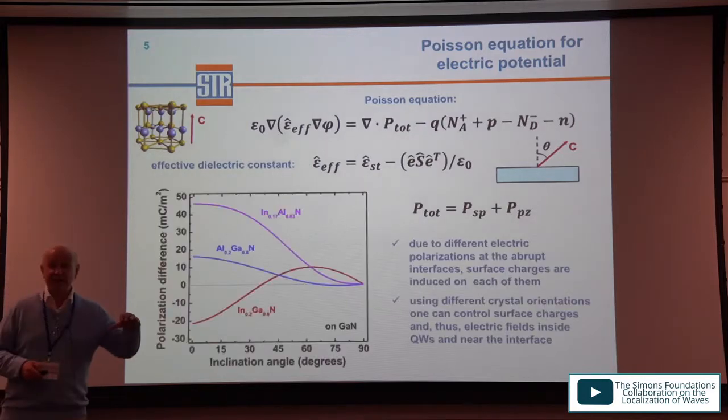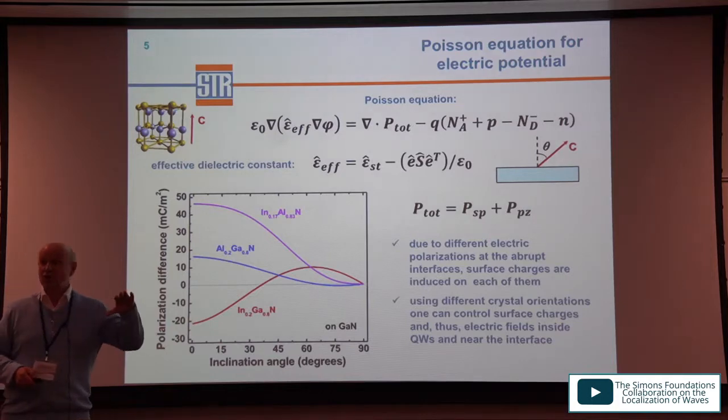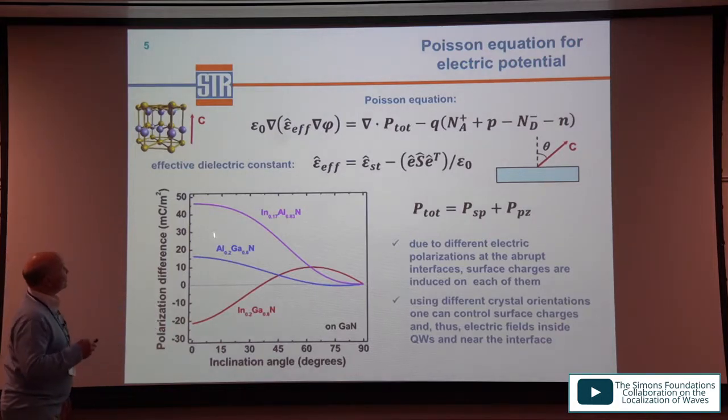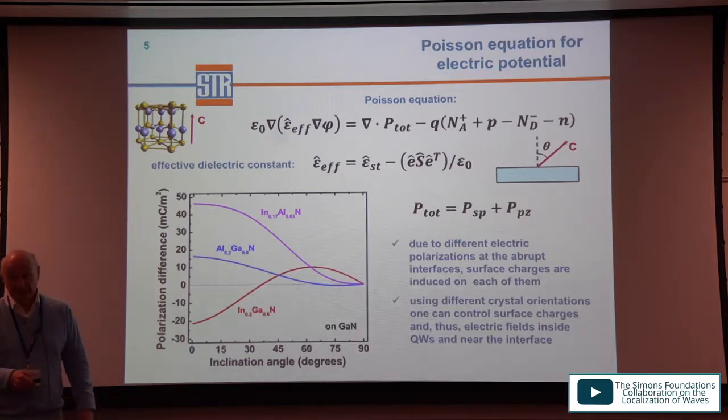So if we consider the uniform layer made of aluminum gallium nitride, indium gallium nitride, or indium aluminum nitride grown on gallium nitride, you can see here how the polarization charge formed at the abrupt interface can vary with the inclination angle of the hexagonal axis.